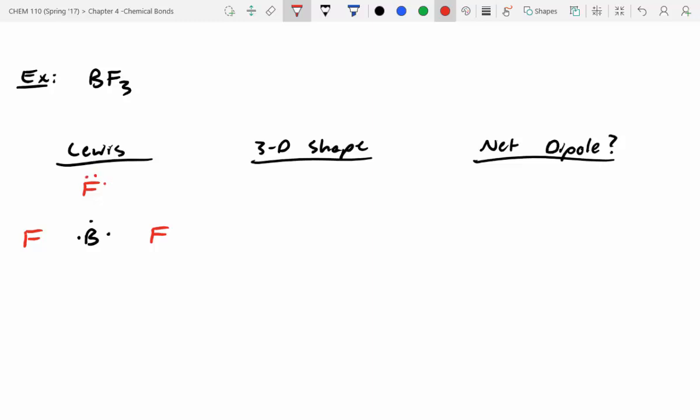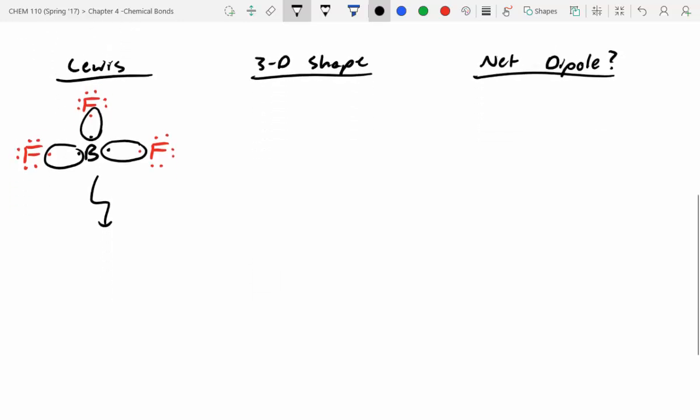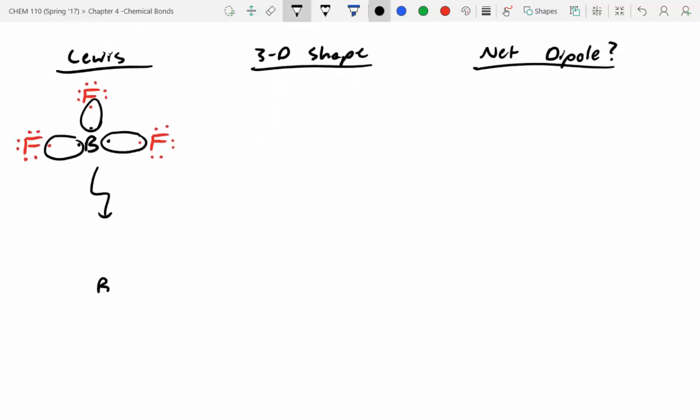Okay, so 1, 2, 3, 4, 5, 6, 7, for each of the three fluorines. Okay, we can match these guys up and these up. So I'm just going to redraw this down here a little bit differently, clean it up a bit.